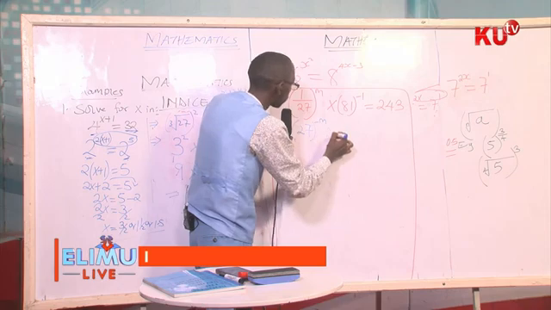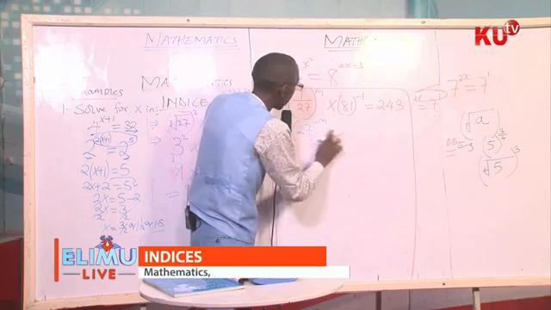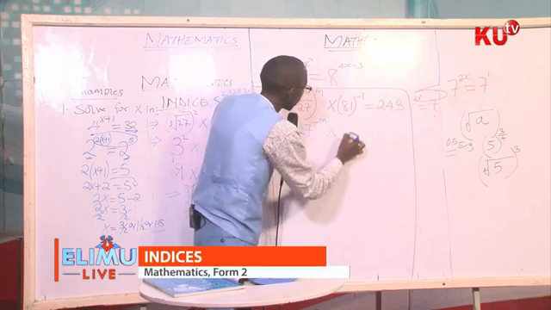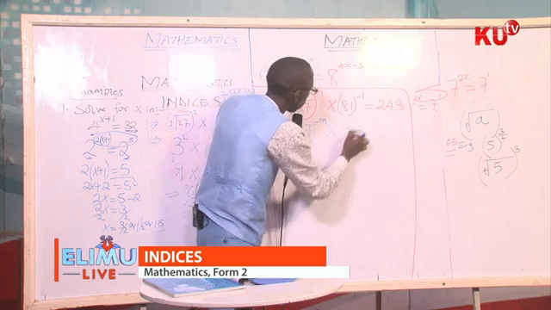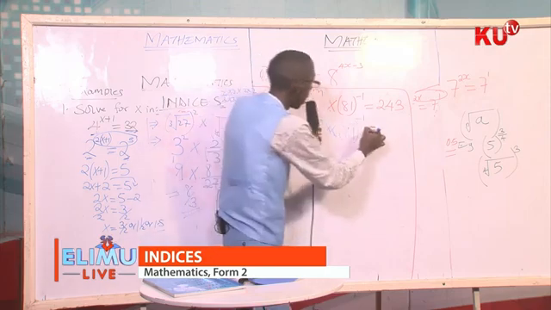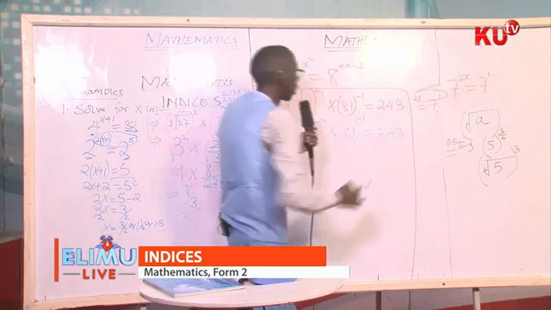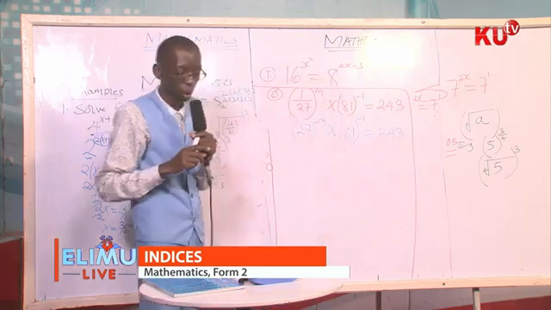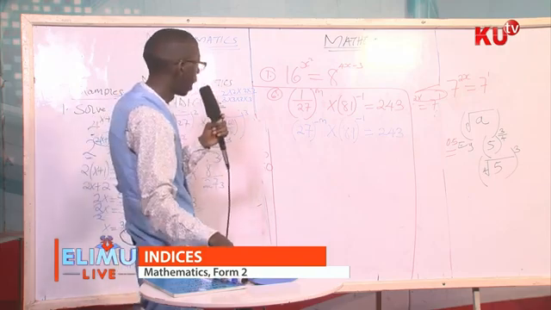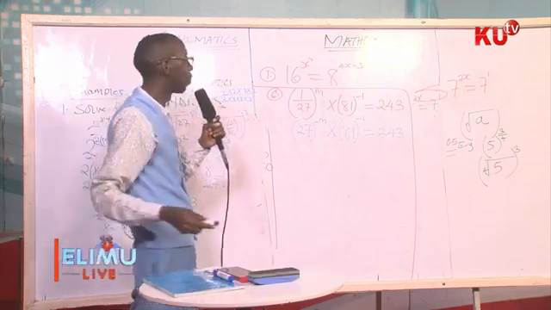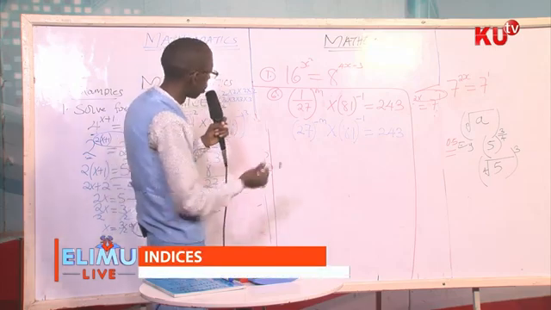Multiplied by 81 to power negative 1 is equal to 243. That is the first step.